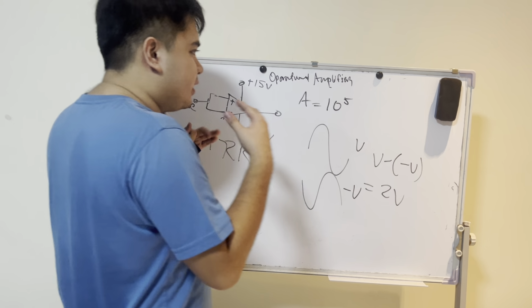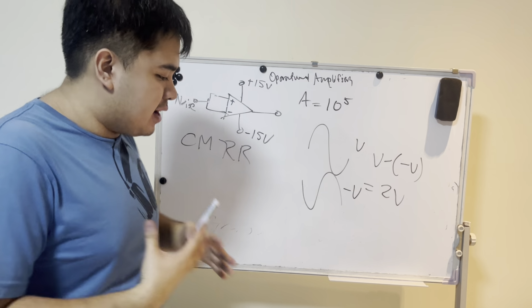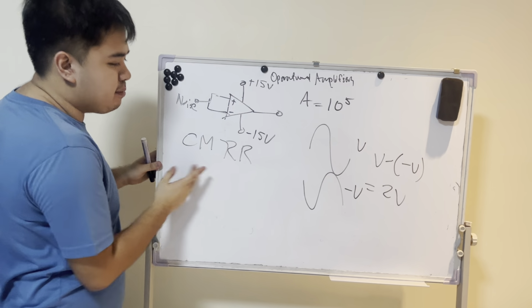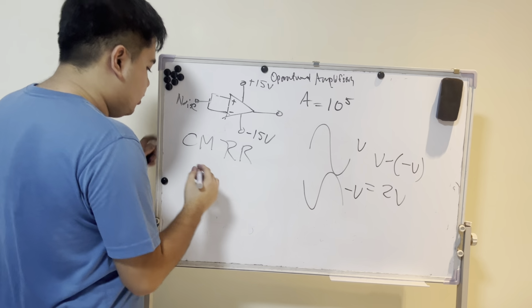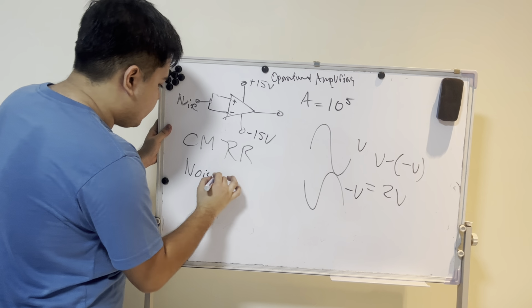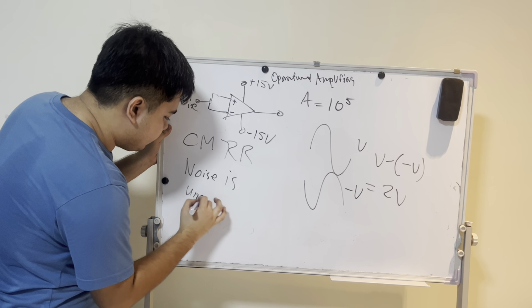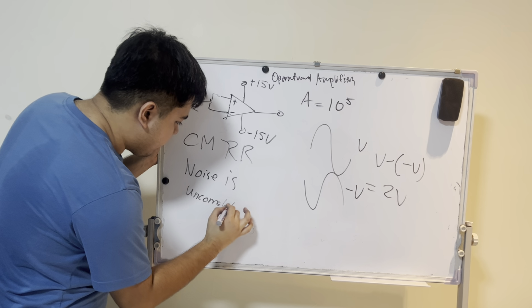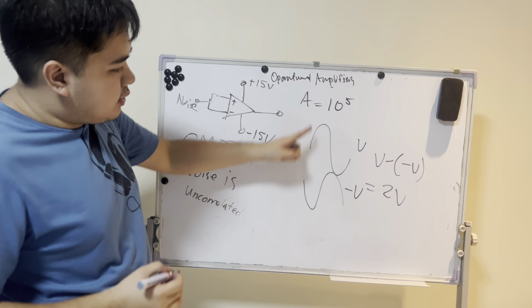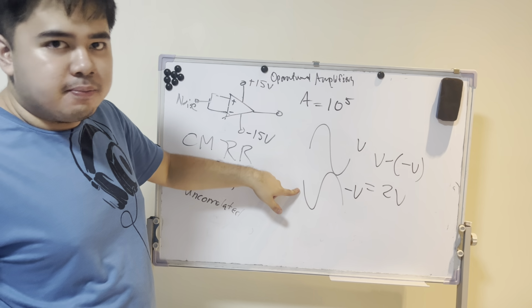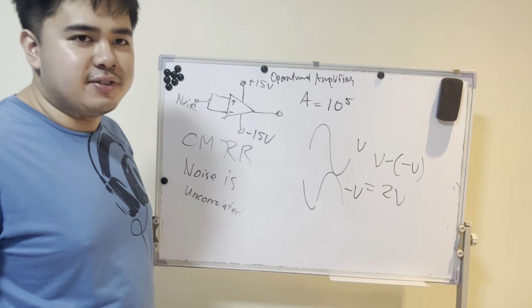The positive part about this, and the reason why CMR is very important, is that noise is uncorrelated. This one is correlated to this one by a lot, because it's just the negative of that one.